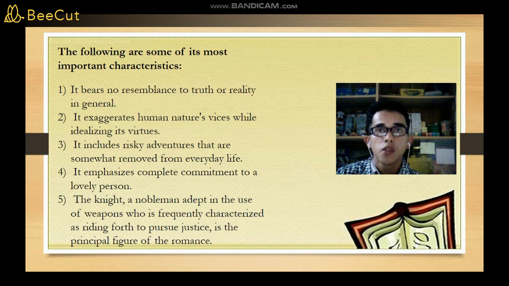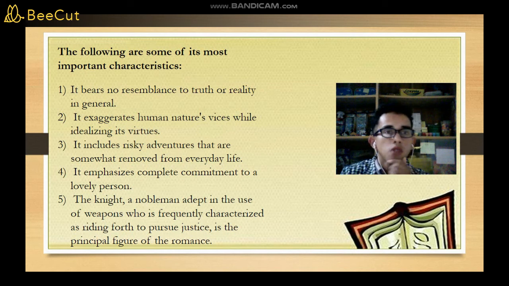If you would try to go back, during the medieval period, religions or churches were established, mainly Christianity and Islam.